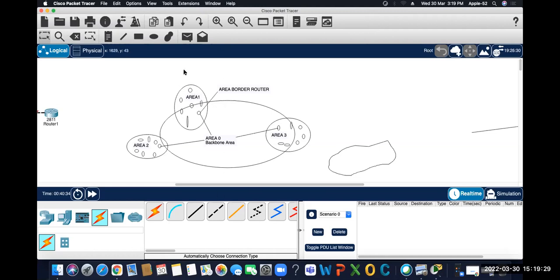Taking back my concept to India's example, routers in Kashmir, routers in Kanyakumari, and routers in the Northeast will exchange their summarized information with each other, but not directly, through the main router, or you can say area 0. Through area 0, they will convey their information.